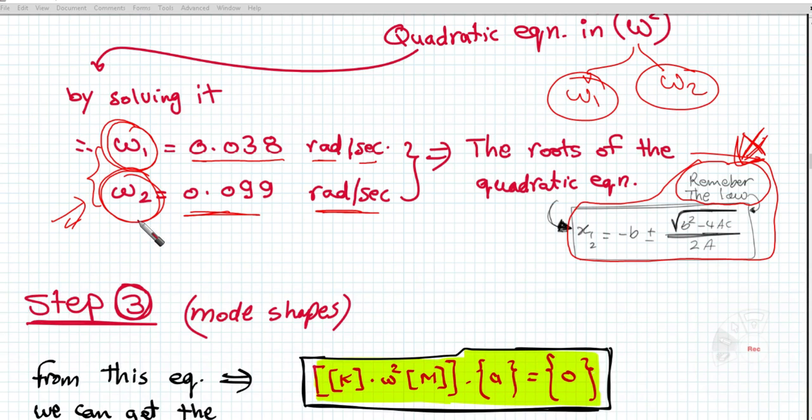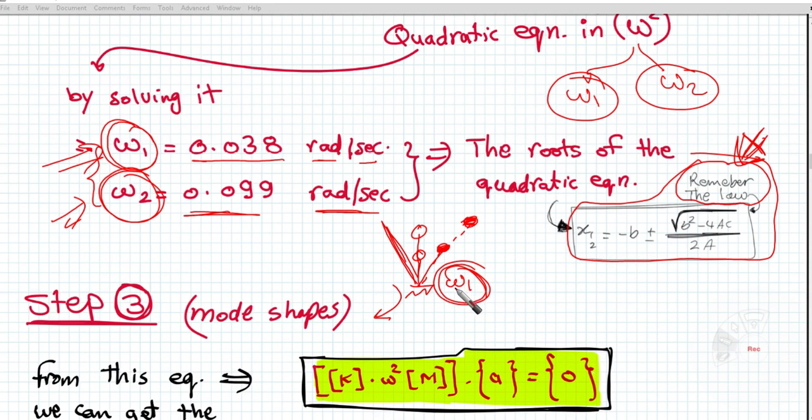Natural frequencies of what? They are natural frequencies of the mode shapes that I'm going to get in the next step. Do you remember when I was saying that we have different ways of representing the shapes of the system? This mode shape is going to be displaced with this omega. It will go back and forth with omega.